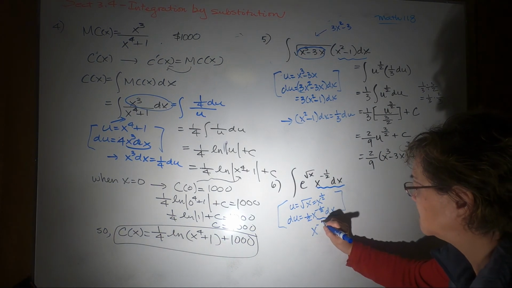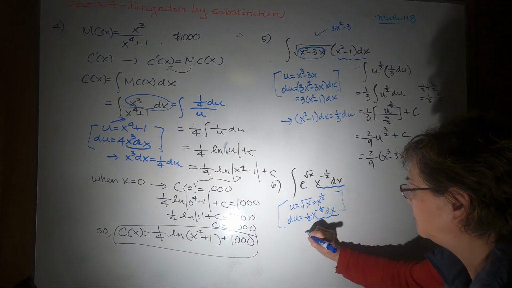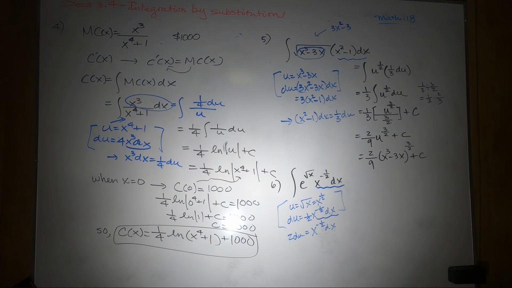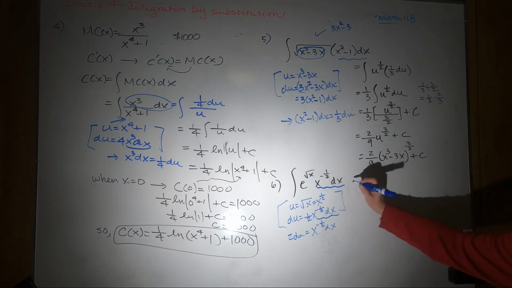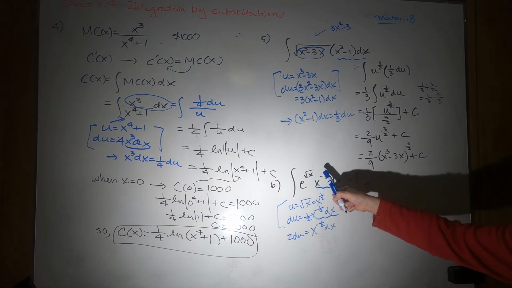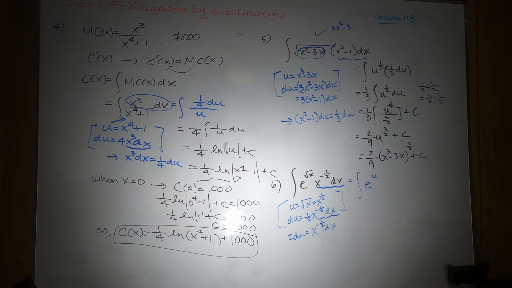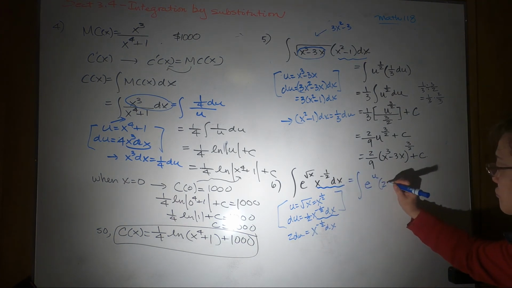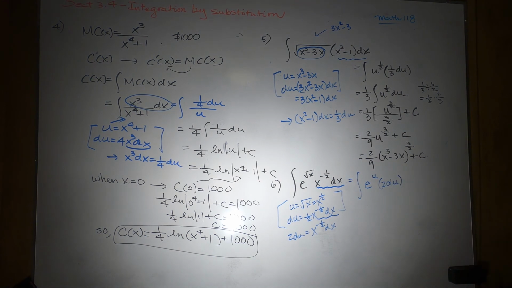So your x to the -1/2 dx will be what? Times 2, that would be 2 du. Is that right? So if you use this substitution, the square root of x would be your u, right? Then x to the negative half dx would be what? Your 2 du, right?